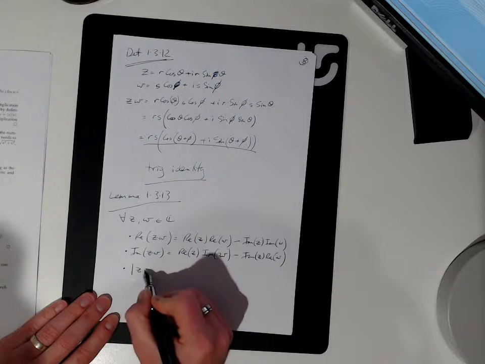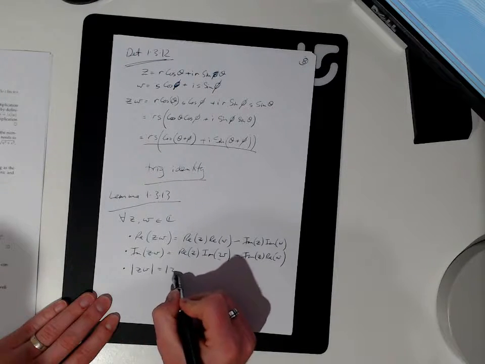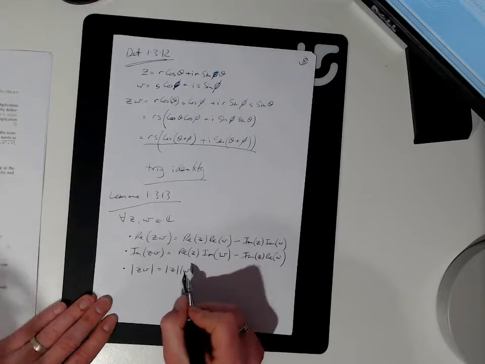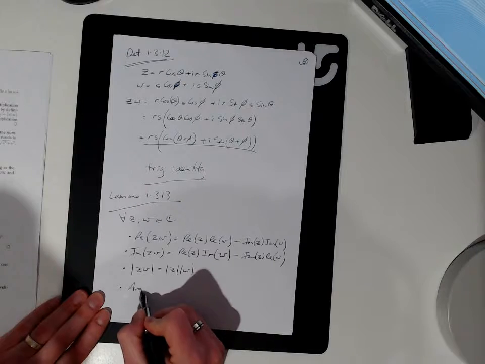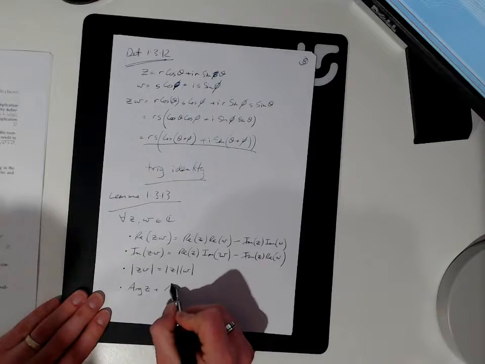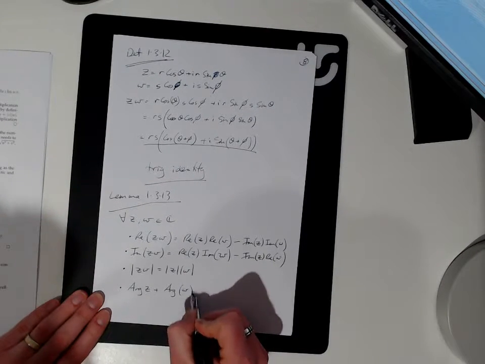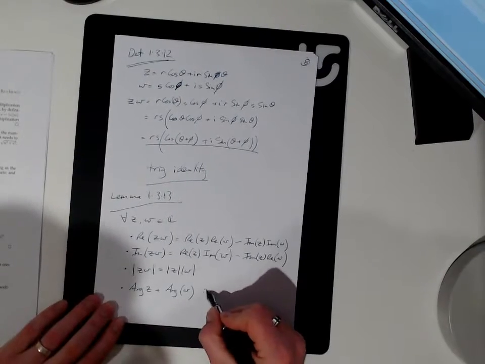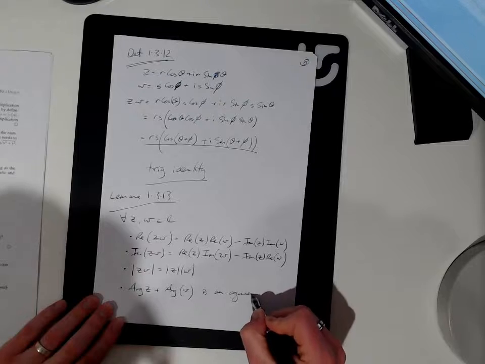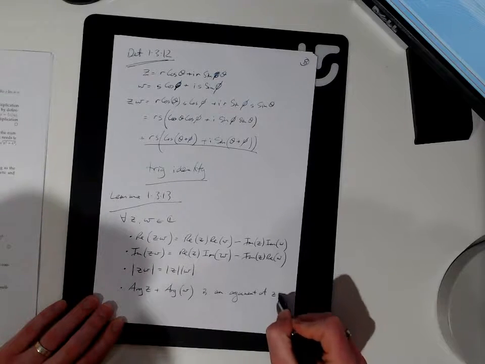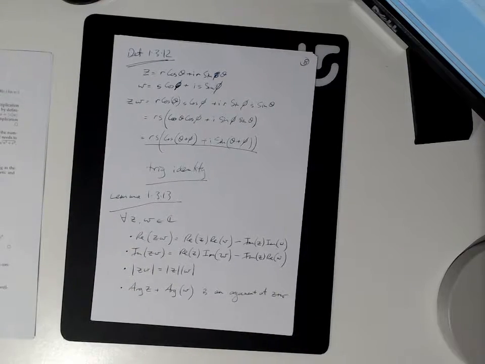And the modulus of the product is the product of the moduli. And the principal argument of z plus the principal argument of w is an argument of zw, but not necessarily principal.